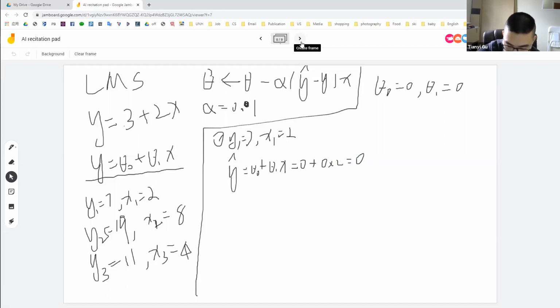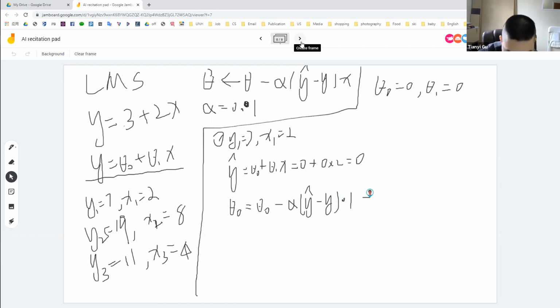And then we start updating theta 0. Theta 0 is equal to theta 0 minus alpha times y hat minus y, the difference, then times x. X is actually 1 here for theta 0. So this is 1 times 1.